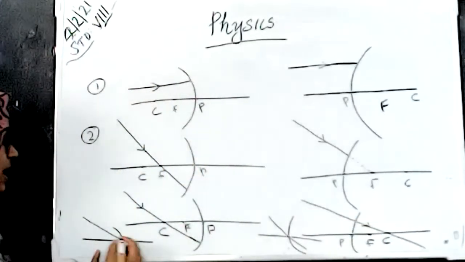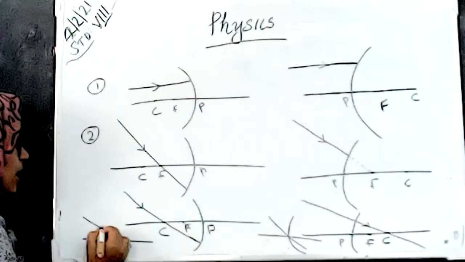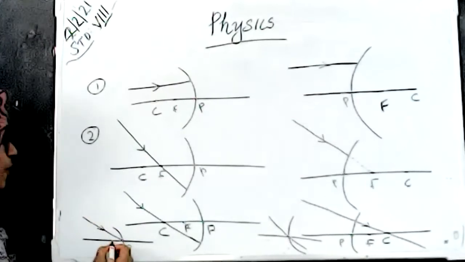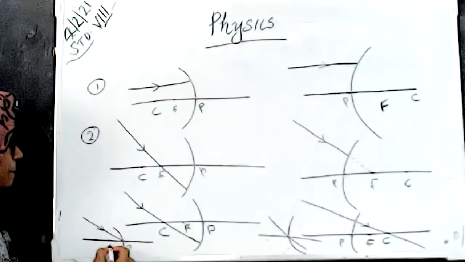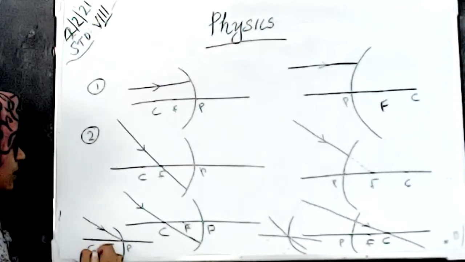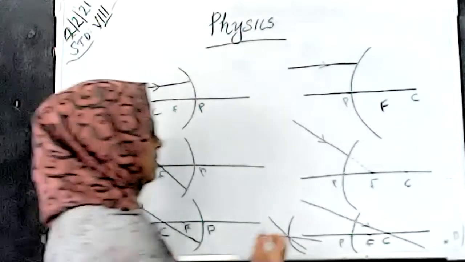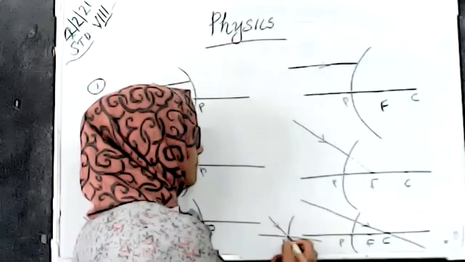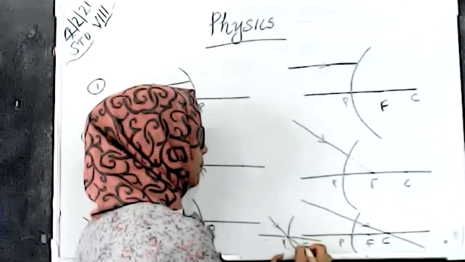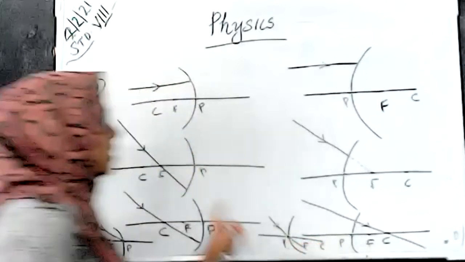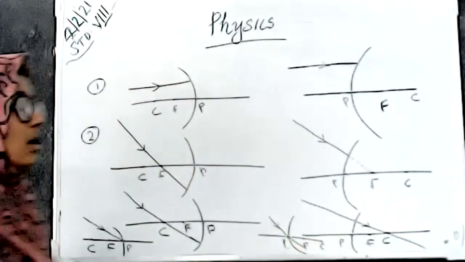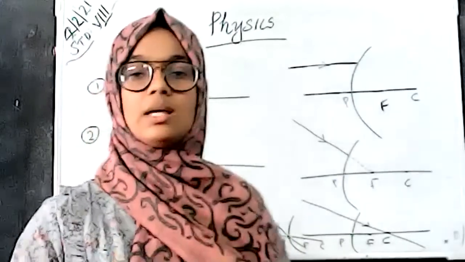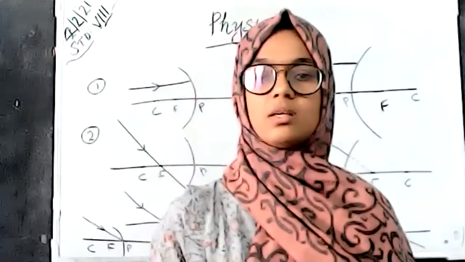And in the last case, the ray of light falls obliquely on the pole of the concave mirror, and the ray of light is falling obliquely on the pole of the convex mirror. So this is the ray of light falling on the spherical mirror.